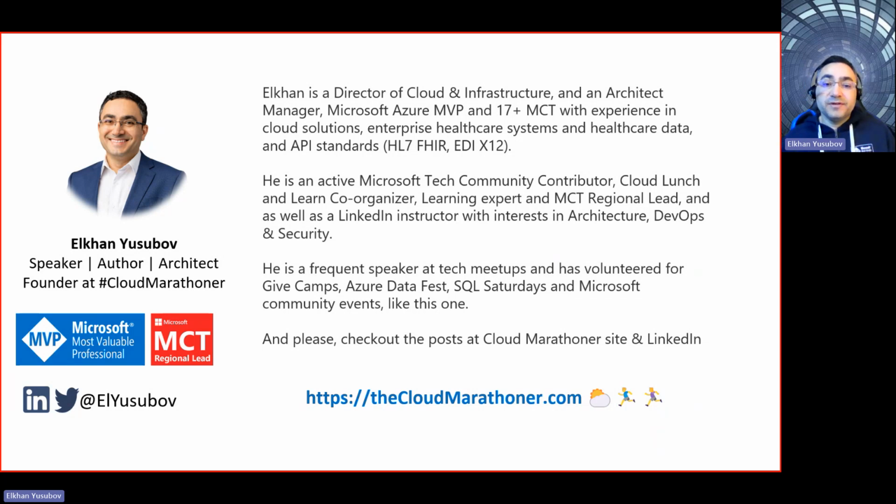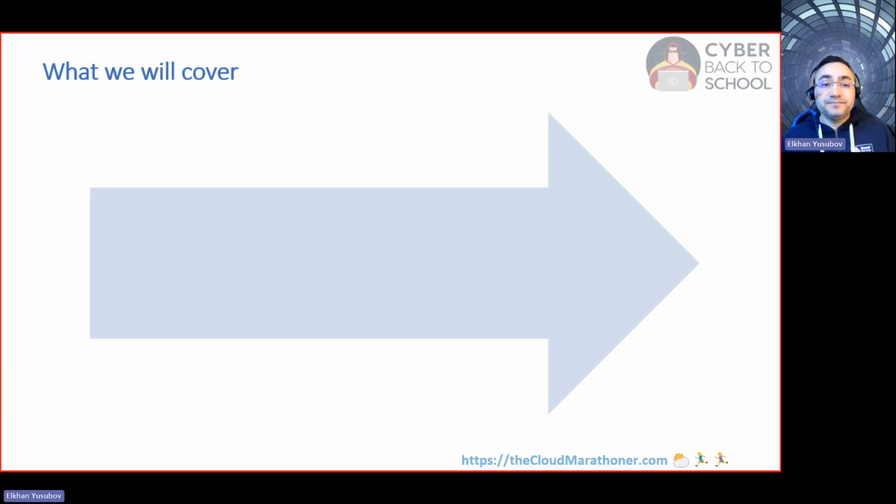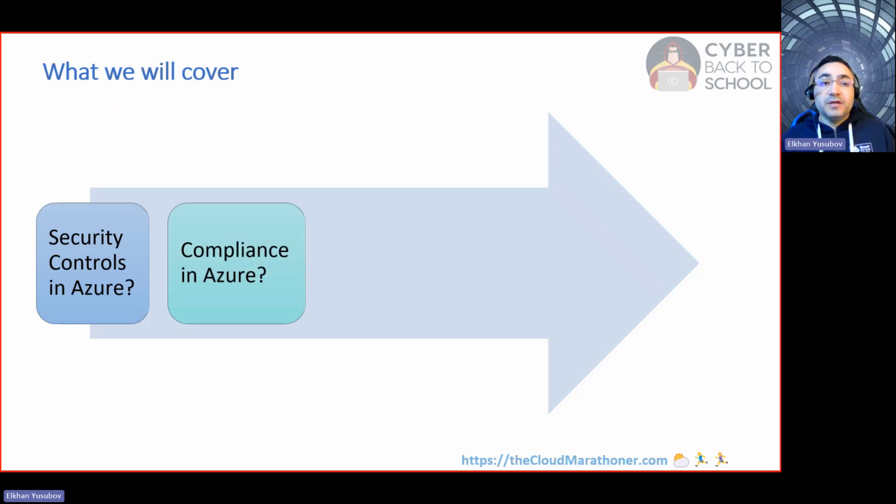That's enough about myself. Let's look at what we will be covering today. First, we will start with defining security controls in Azure at a 3,000 foot level and understanding the security services and controls that you have. We will look into compliance in Azure and what the controls of compliance and governance are.